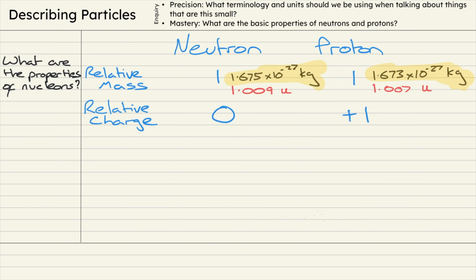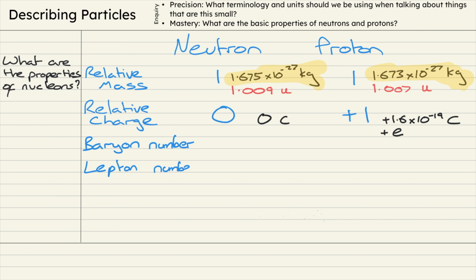The other properties that we need to be worried about are charge, which is written in terms of the elementary charge of 1.6 times 10 to the minus 19 coulombs, or e. The baryon and lepton numbers, which I'll get onto next. And strangeness, which I'll cover after that.